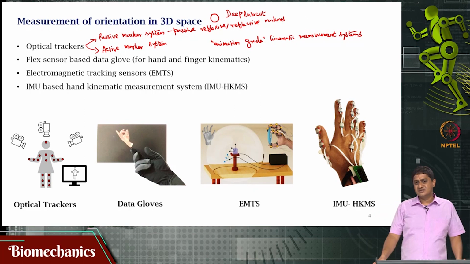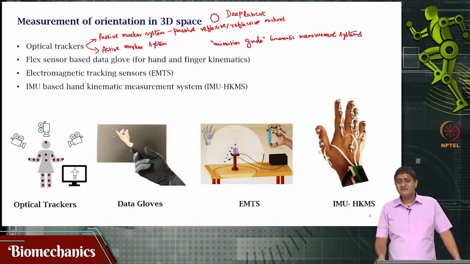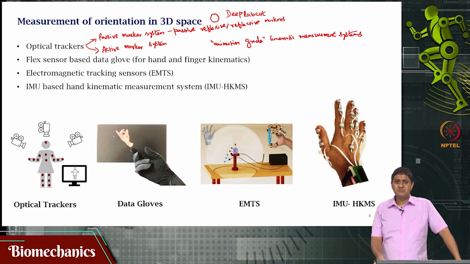What this does is it uses resistive bend sensors. The idea is that depending on the amount of bend in the sensor, the resistance of that sensor will change. So, the output voltage will change accordingly. It turns out that over a relatively large range, the relationship between the amount of bend and the output voltage is linear, and it is possible to calibrate this.